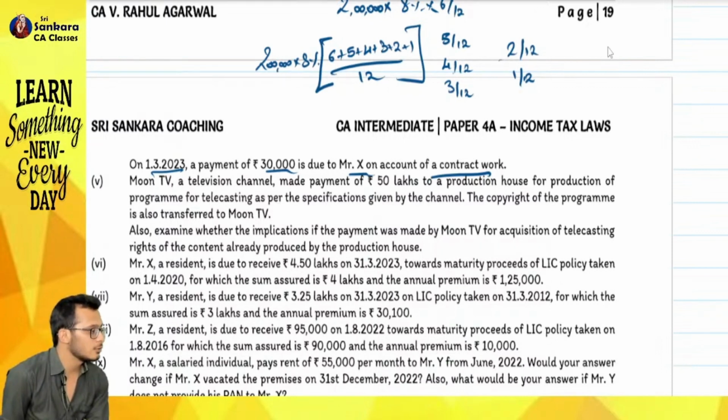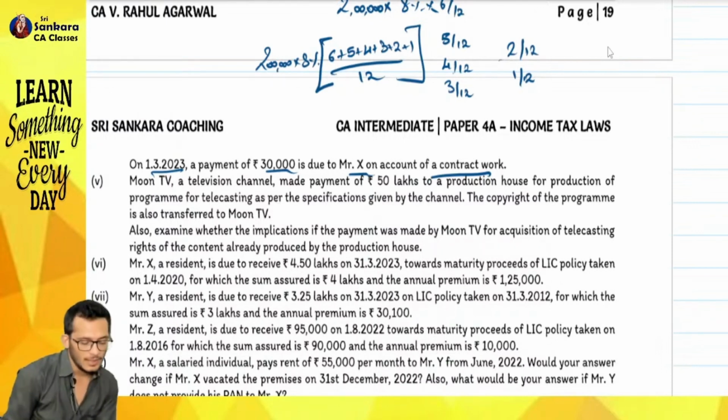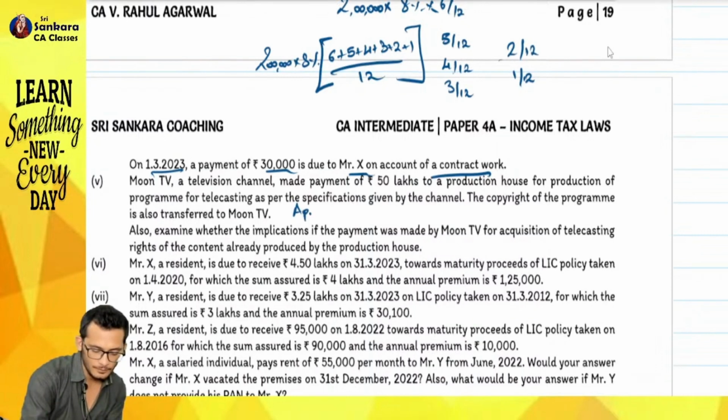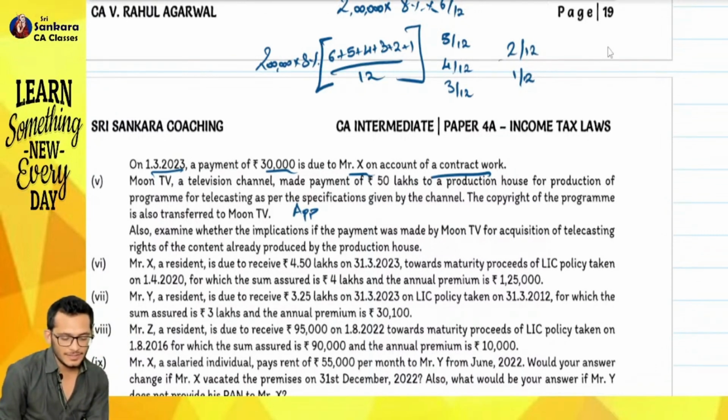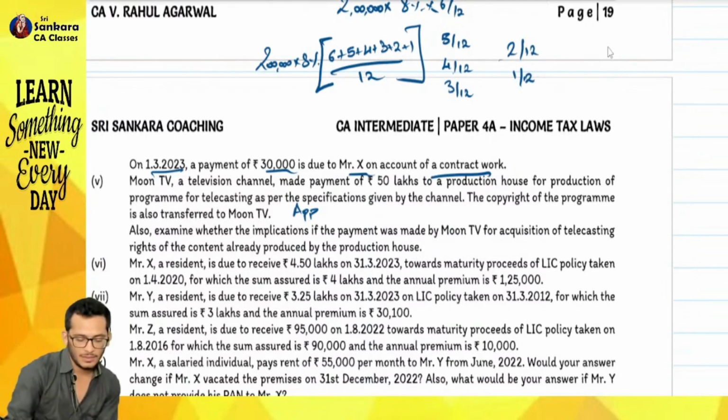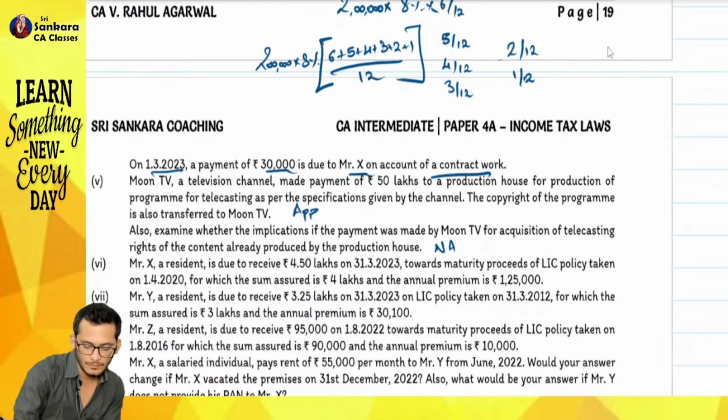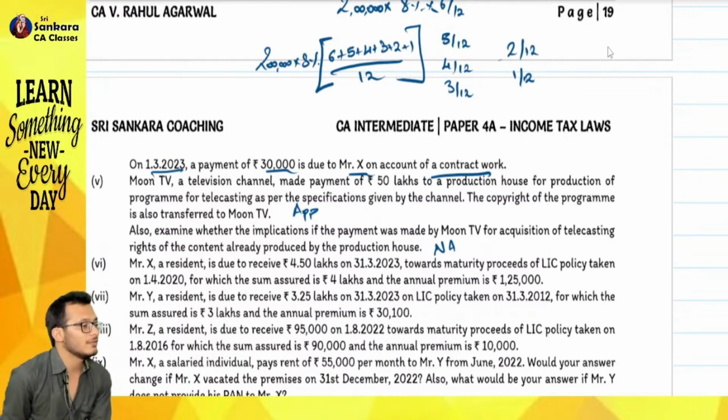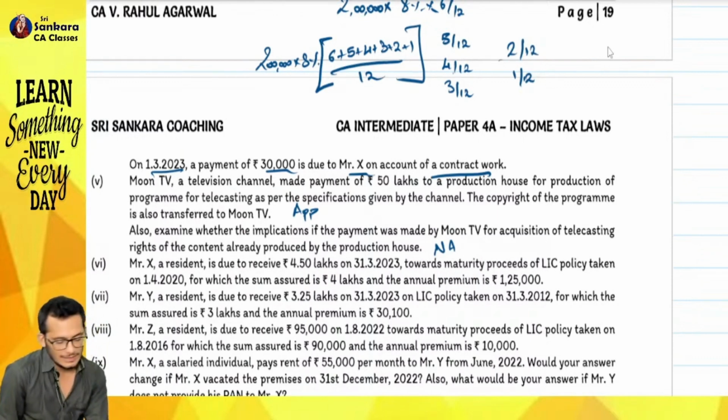Applicable. Examine the implications if the payment was made by Moon TV for acquiring telecasting content already produced. Not applicable. I told you, if it is something which is off the shelf, it is not applicable. Something which you are making them work on, it is 194C.